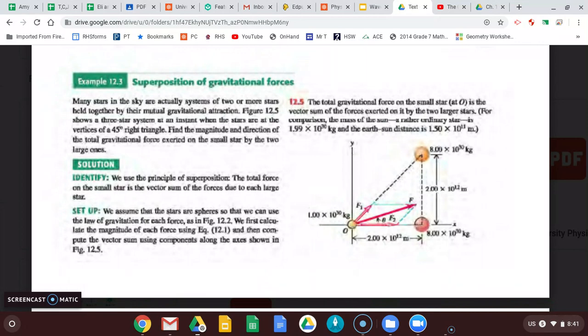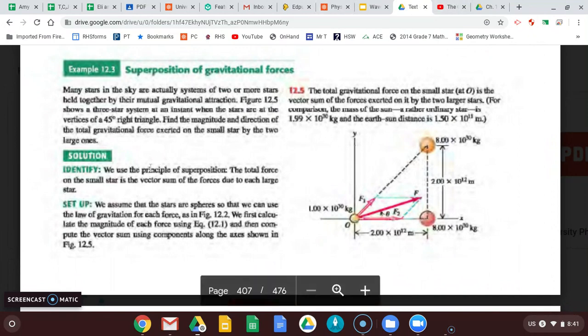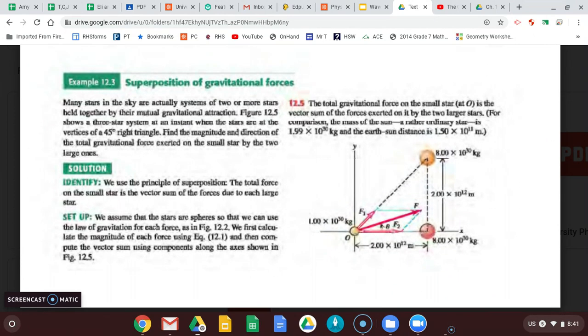Example 12.3 says many stars in the sky are actually systems of two or more stars held together by their mutual gravitational attraction. The figure to the right shows a three-star system at an instant when the stars are the vertices of a 45-degree right triangle. Find the magnitude and direction of the total gravitational force exerted on the small star by the two larger ones.